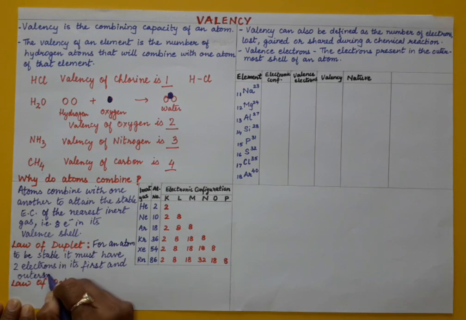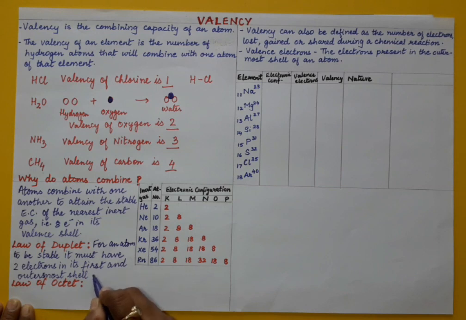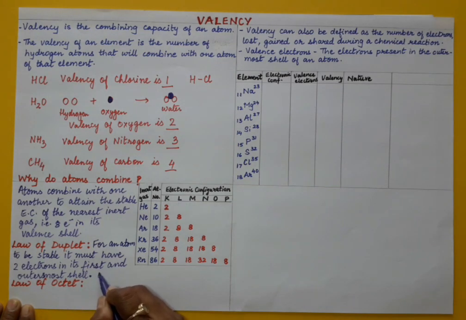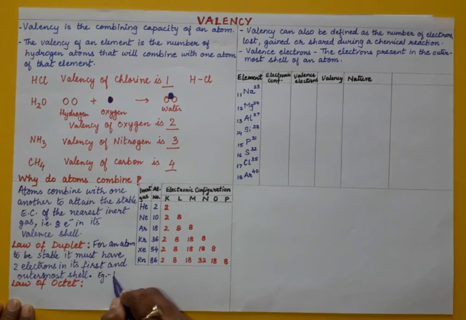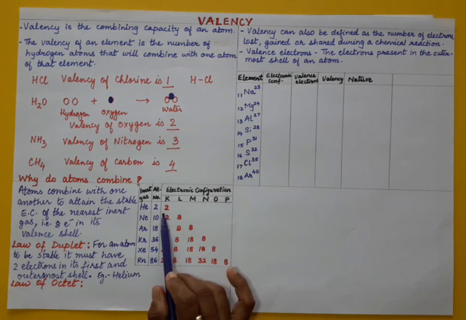For example, over here helium, right? And let me tell you, only helium is the element in the whole periodic table which satisfies the duplet rule. You will see this is the first shell and this is the only outermost shell, and helium has 2 electrons. So this is fulfilling the law of duplet.